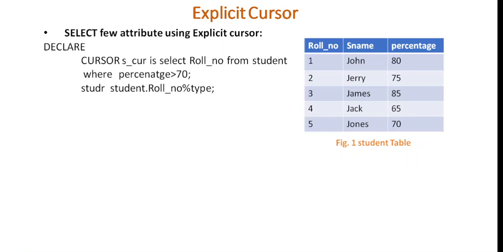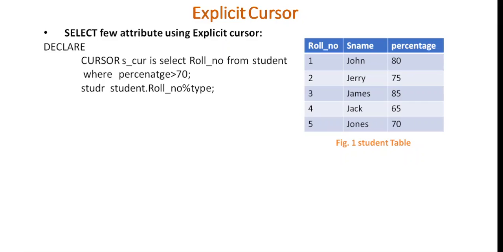Now we have declared the same cursor as in our previous program. But here we have declared one std variable which is a simple variable, and this variable is not pointing to an entire row.